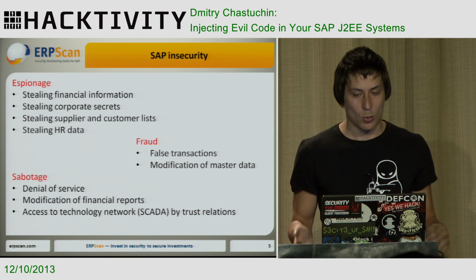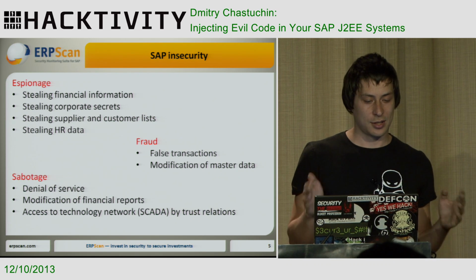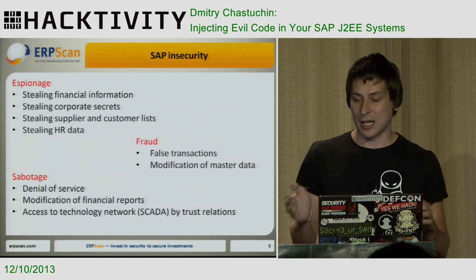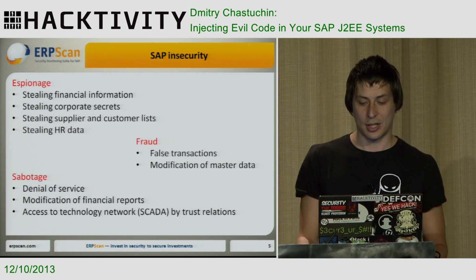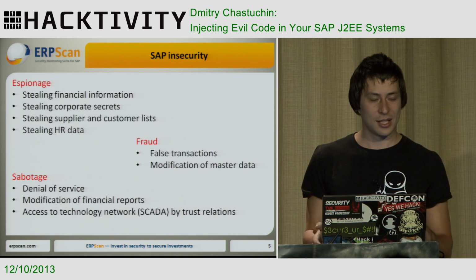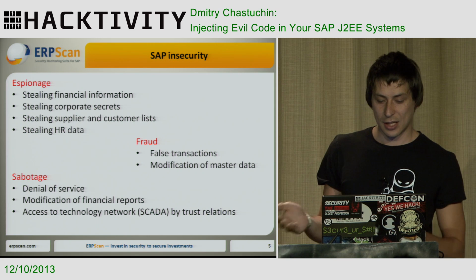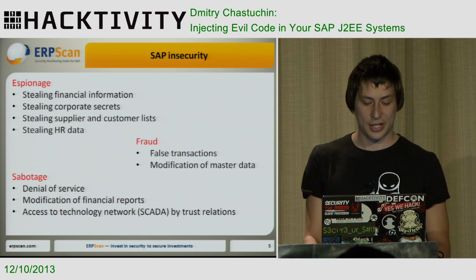SAP security. What goal do the attackers have most often? First of all, it's espionage: stealing financial information, corporate secrets, supplier and customer lists, HR data. The next one is fraud, false transactions or modification of master data.